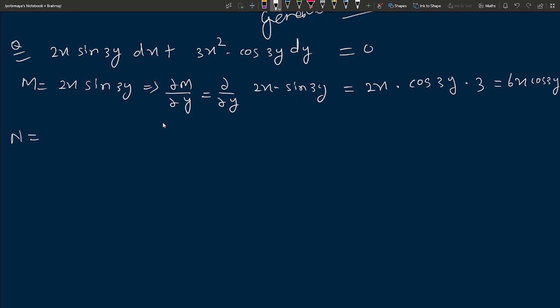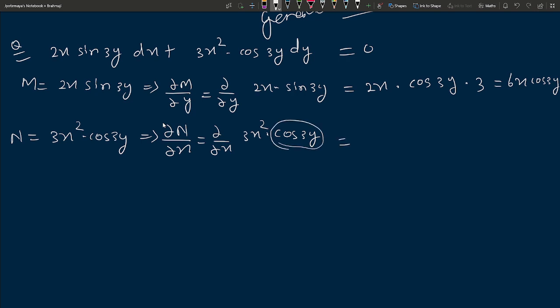Then n is equal to 3x square into cos 3y. Now del n by del x is del by del x of 3x square cos 3y. Partial derivative with respect to x, so y is constant, which means cos 3y is a constant and we keep it outside. The derivative of 3x square is 3 into 2x, so this is 6x cos 3y.